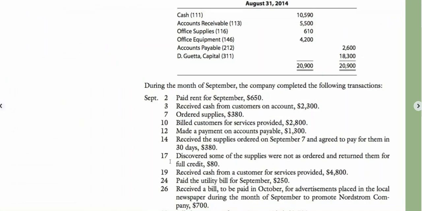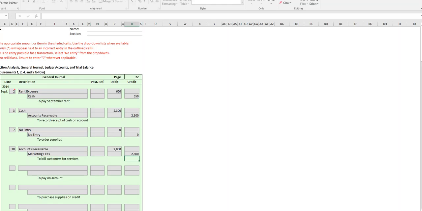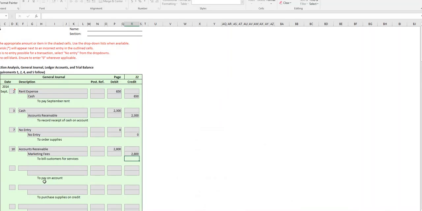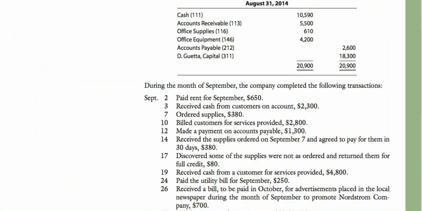So then the next one, on the 12th, we made a payment on accounts payable, $1,300. So we paid, what day was that? The 12th. Made a payment. Accounts payable, I'm sorry.